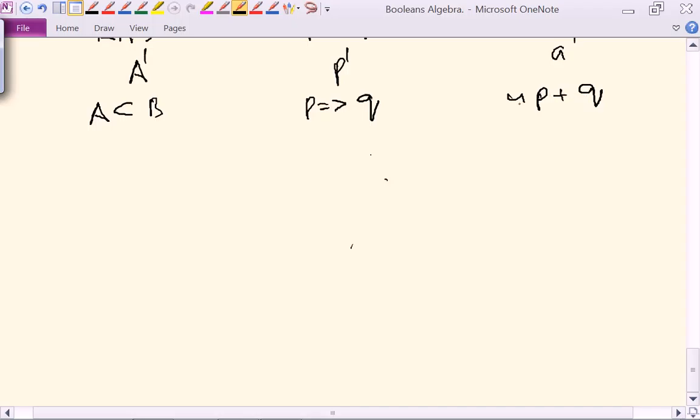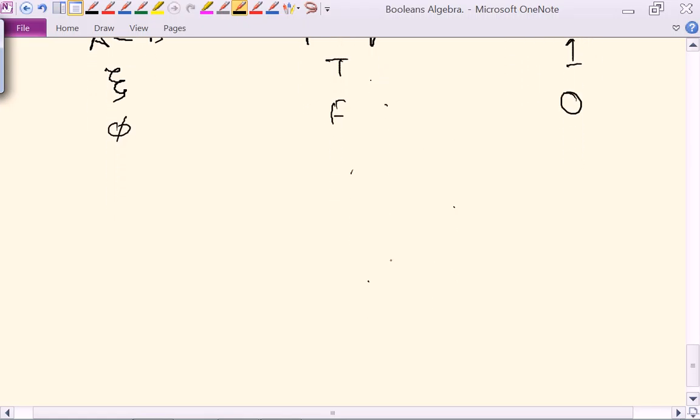Or we say P complement or Q. Similarly, we have a universal set on this side. This is true, we say this is equal to 1. If we have the null set, we say this is false in a statement, and we say 0 in the case of Boolean algebra. Are you getting me?